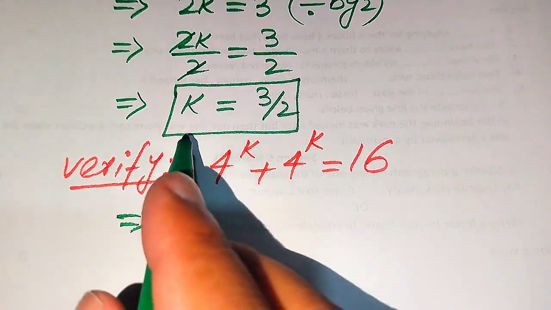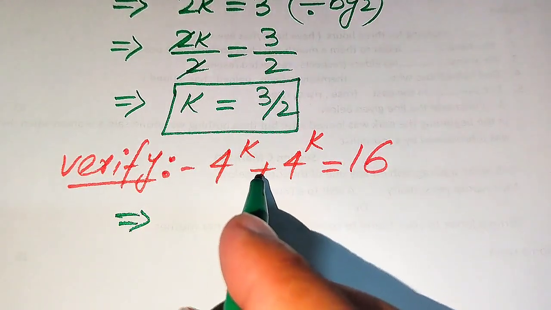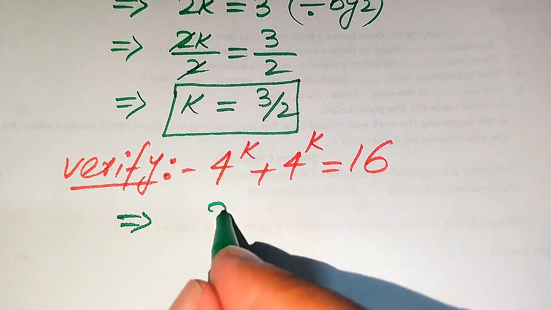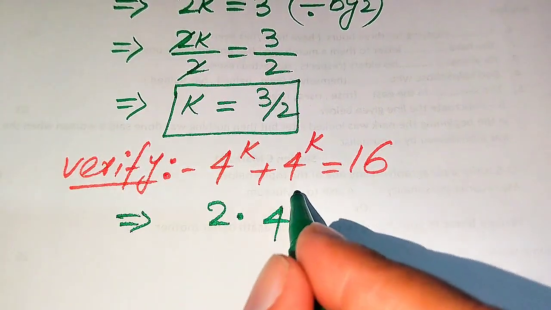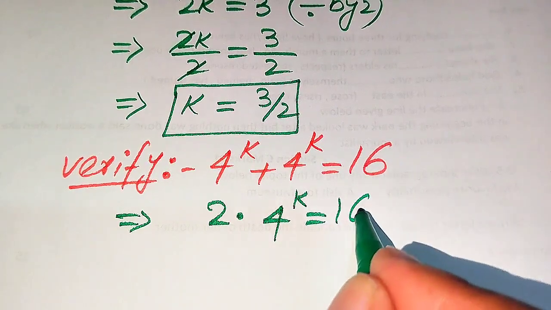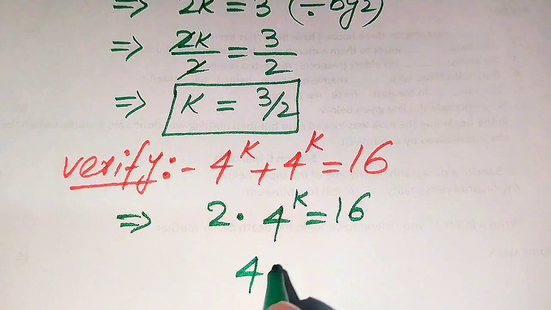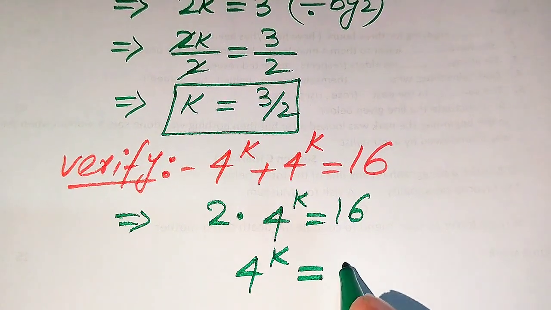But before substituting this value, we need one step here, and we know that 4 to the power of k plus 4 to the power of k equals 2 times 4 to the power of k is equals to 16. And here when we divide both of the sides by 2, then we get 4 to the power of k is equals to 8.